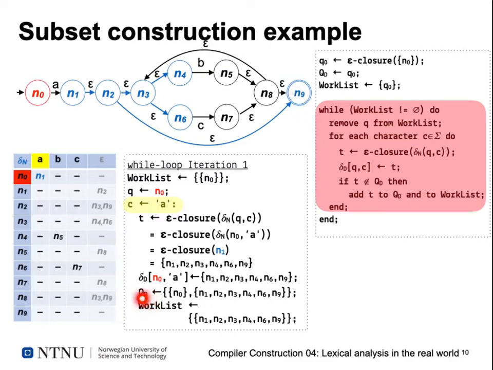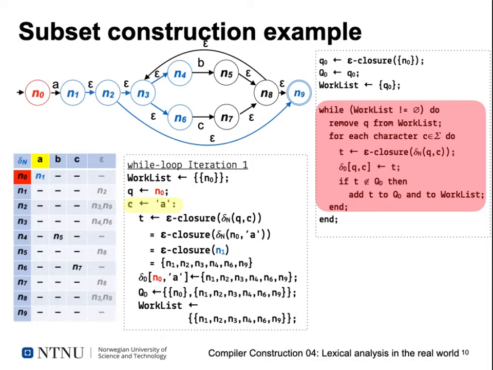What we now do is we add this to the set of our new deterministic states. So we have our initial state N0, and then this set of equivalent states in our non-deterministic automaton put together as another state, which forms a state in our deterministic automaton. And we add this, because we haven't seen this before, to our work list.